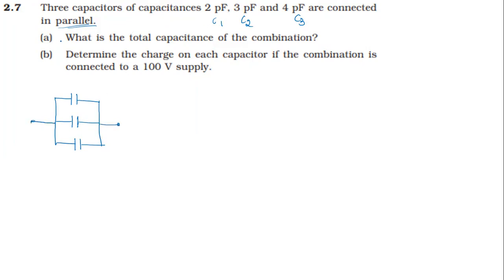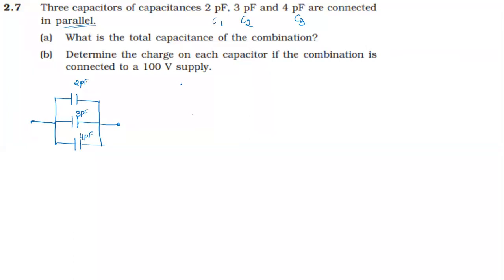They're asking now, what is the total capacitance of the combination? The diagram is not required, but I am giving it to make you understand, nothing more than that. You are not required to write a diagram in the examination. Directly you can solve by putting the relevant formula. Without the relevant formula, you cannot solve.